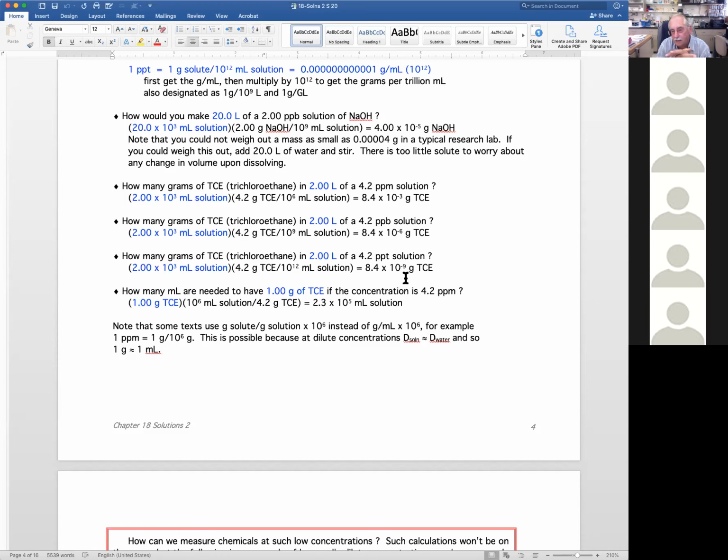So if you say in the newspaper, a 1 part per million versus 1 part per trillion, do you think there is much difference between a part per million and a part per trillion? Look at that. It's a factor of 10 to the 6th difference. This is 1,000,000 times less concentrated than parts per million.